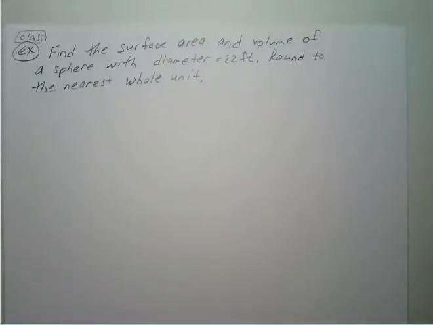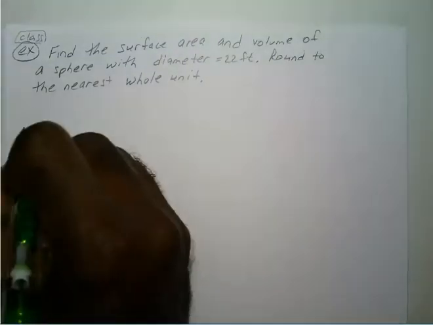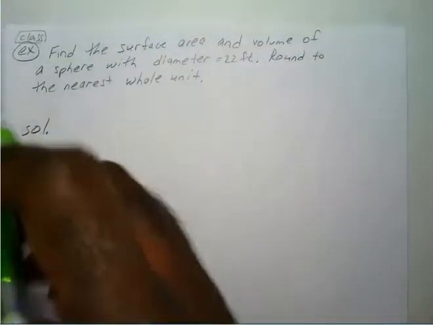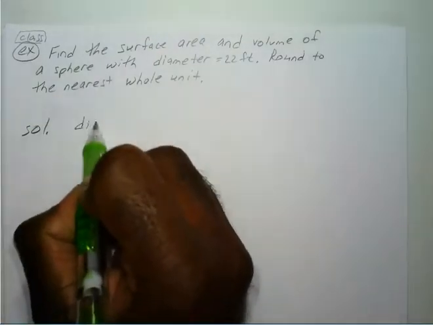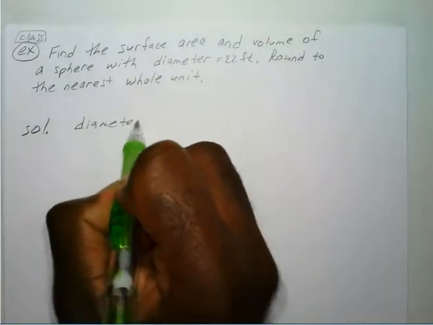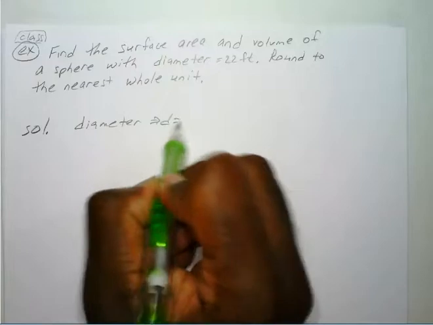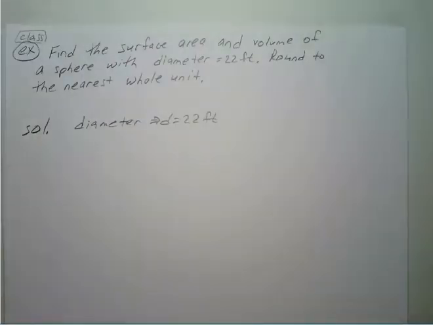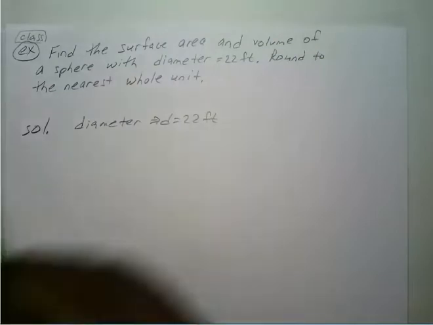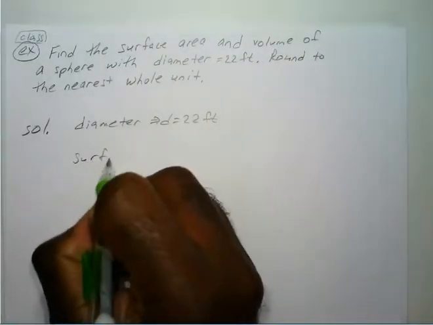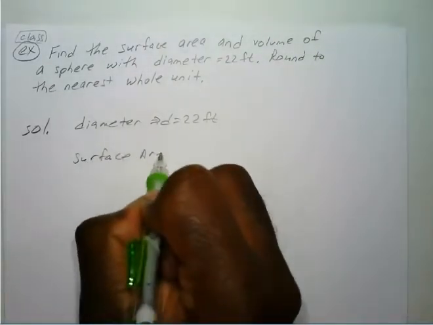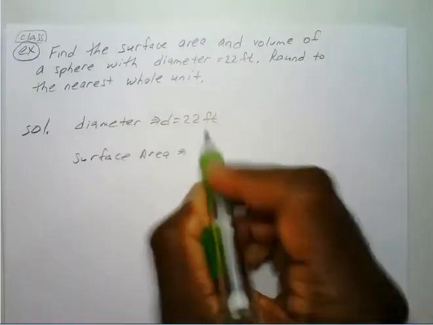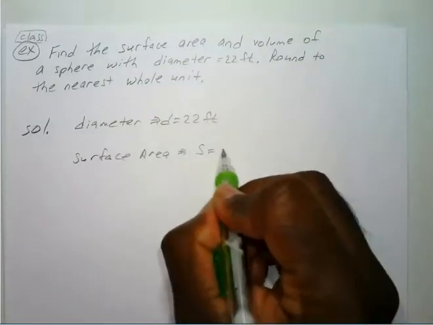Alright, so I'm assuming you've pressed pause and you've gone ahead and started on this one. So let's go ahead and verify. Okay, so we know the diameter is 22 feet. Okay, so surface area, we're going to use the diameter surface area formula.